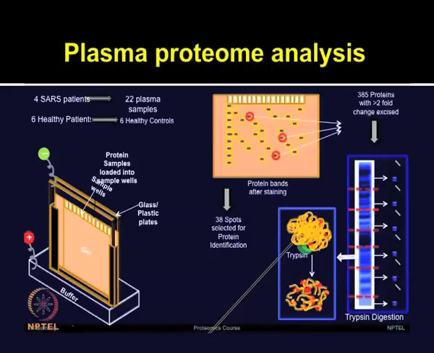Both the controls and the treatments, the healthy individuals as well as patients suffering from SARS, the plasma was separated and then proteins were resolved on the 2D gels. Differentially expressed proteins were further subjected to in-gel tryptic digestion followed by mass spectrometry.